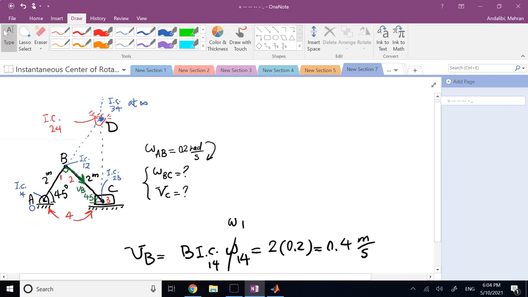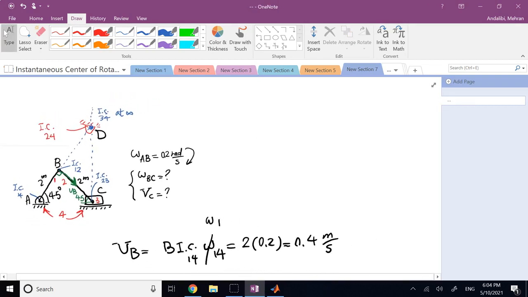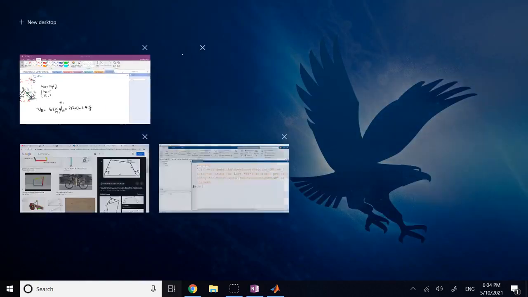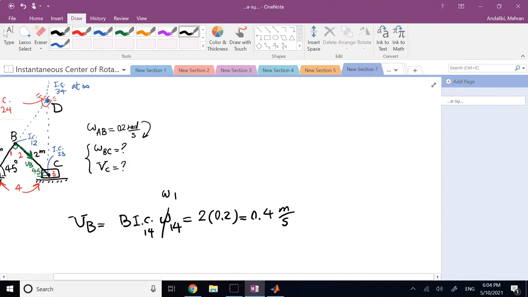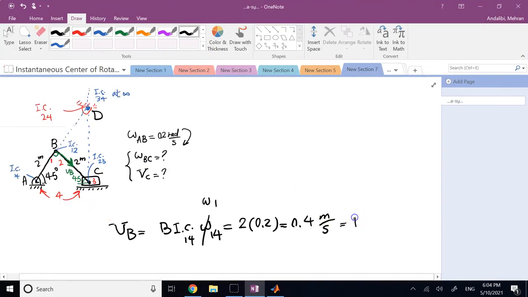But B also belongs to member BC or member 2, and member 2 is rotating. Any point on member 2 is rotating about IC 2,4. So I can also find this by multiplying the distance from B to D, or B to the instantaneous center of 2,4, times omega 2,4.